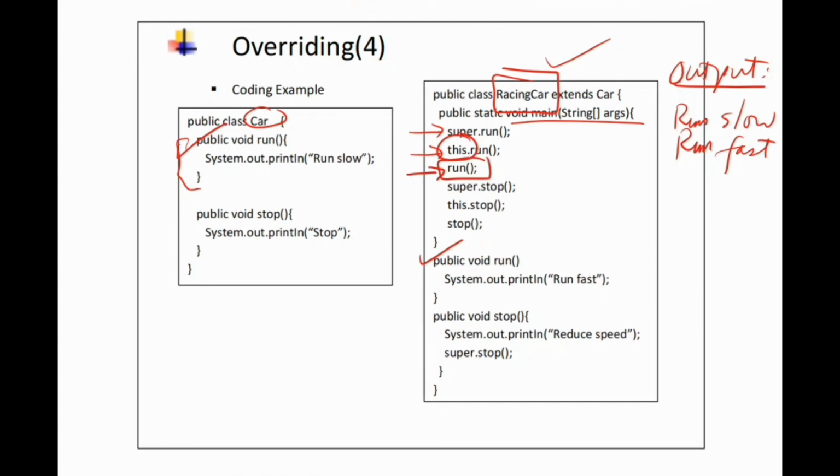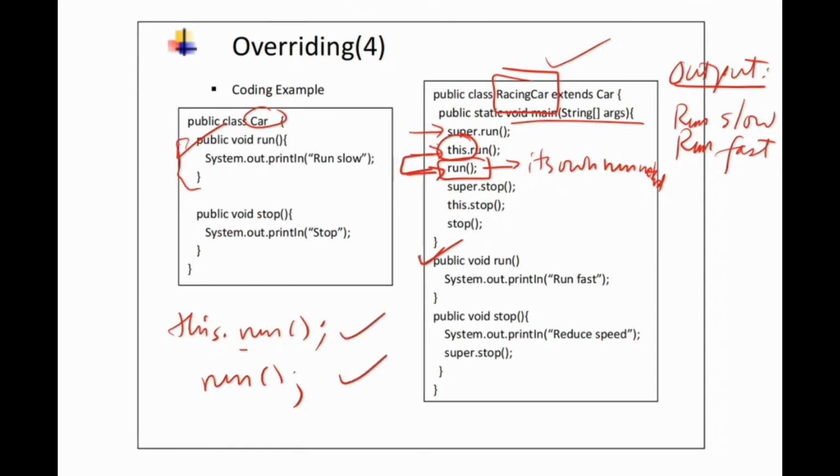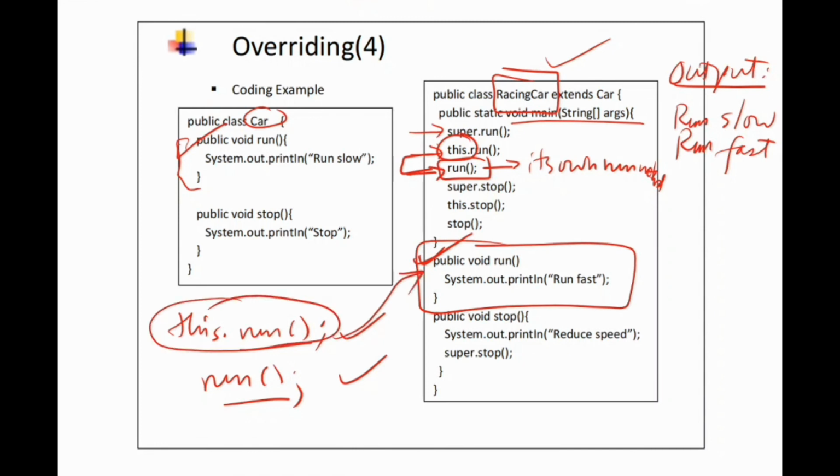There is no keyword super or this, so it simply refers to its own run method. Take note that these two are the same. When you say this.run or simply run, it's the same method you are calling and executing.